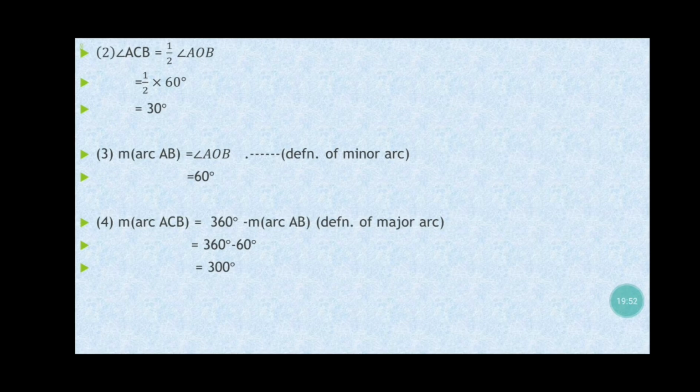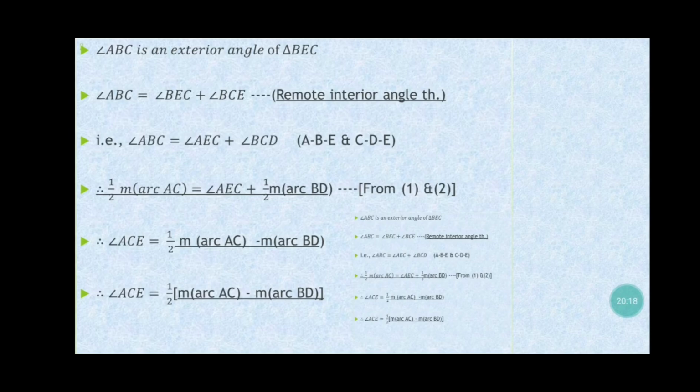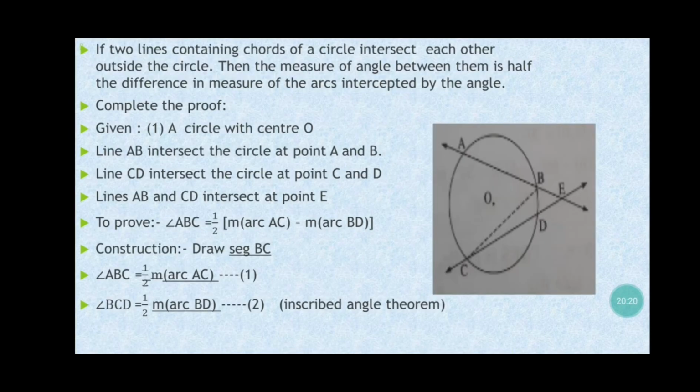Measure arc AB will be equal to the measure of the central angle, that is 60 degrees. Now we are supposed to find out measure of arc ACB. To find out measure of arc ACB, we have to subtract this minor arc from the measure of the circle.